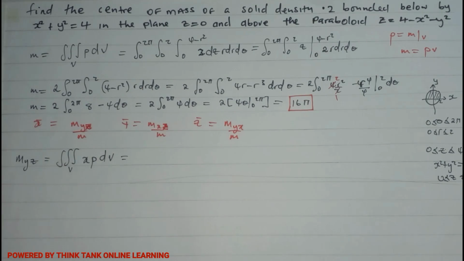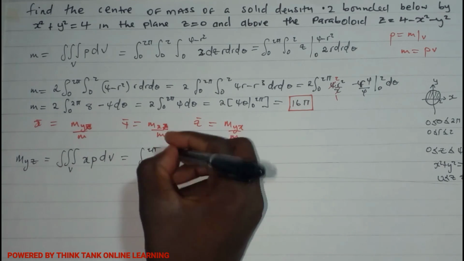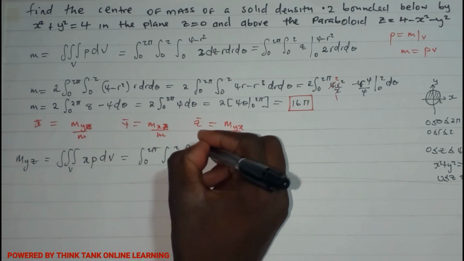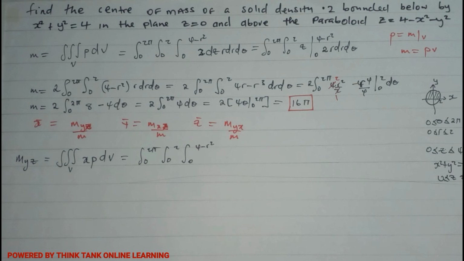We already evaluated our limits: 0 to 2 pi for the angle, 0 to 2 for the radius, and for z, 0 to 4 minus r squared. And we know that in polar coordinates x equals r cos theta and y equals r sine theta.